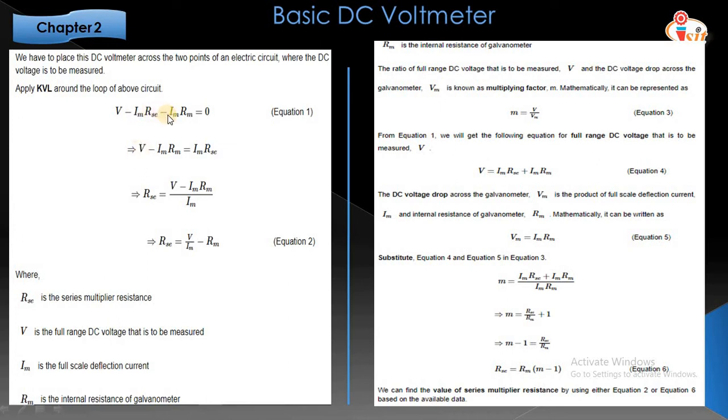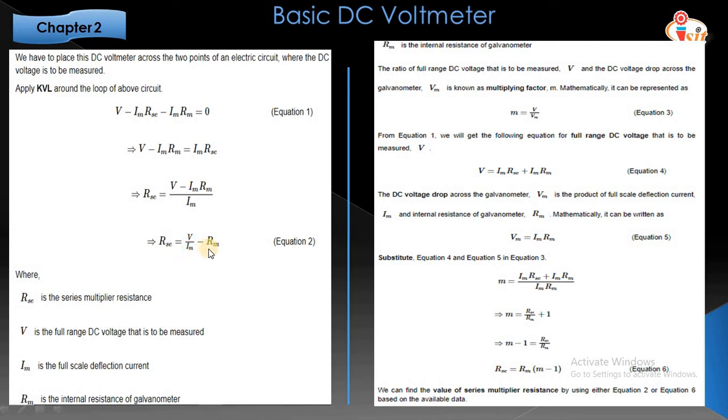Now taking Im Rse to the right hand side of the equal sign, it becomes positive. Im is multiplying here, so taking it across, it becomes a divide. Now Rs is equal to what? V minus Im Rm upon Im. Then Rs is equal to V upon Im minus Rm upon Im into Im. Im is cancelled together.